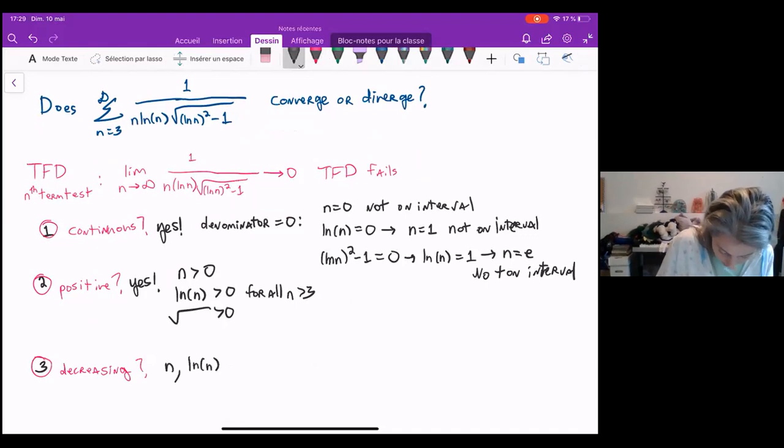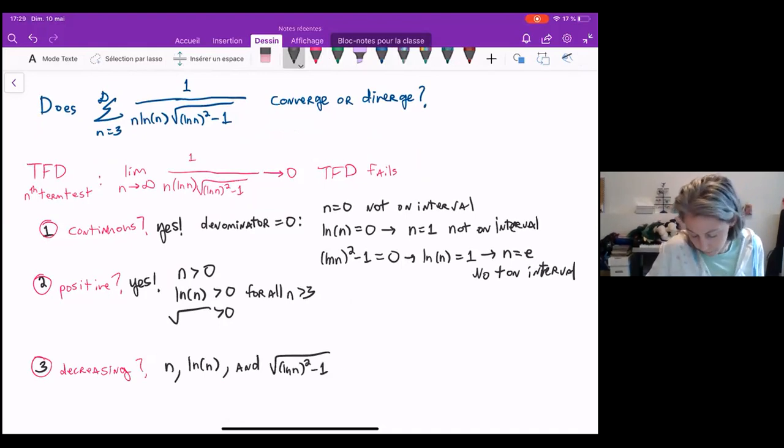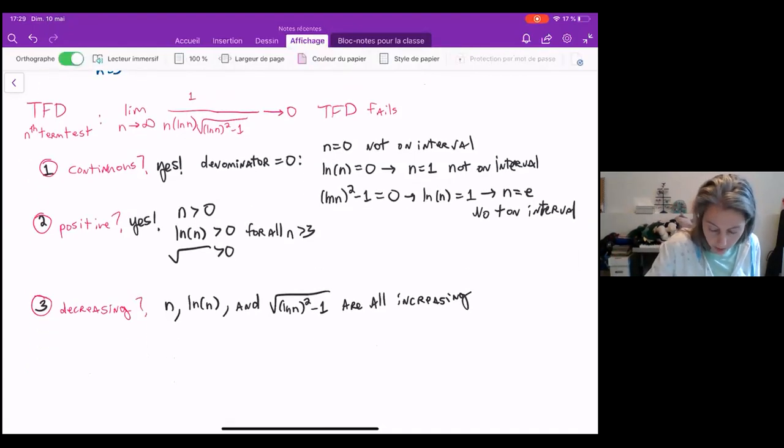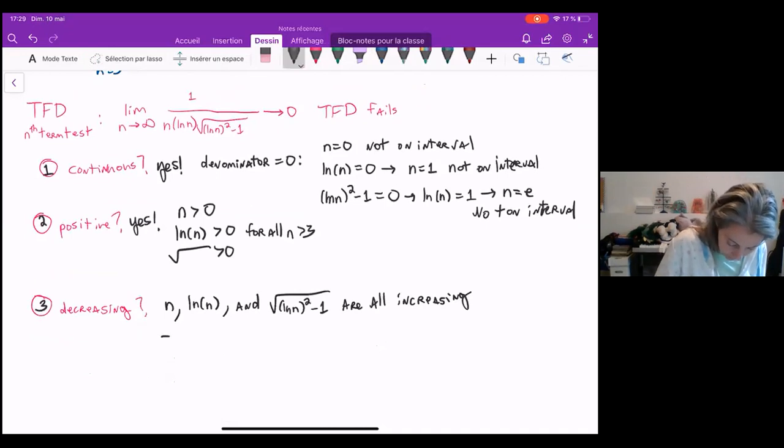Ln n is increasing. And the square root of ln n squared minus 1 is increasing. So these are all increasing. So if the denominator is increasing, as the denominator gets bigger, that means the thing's getting smaller. So that means this whole thing must be decreasing.